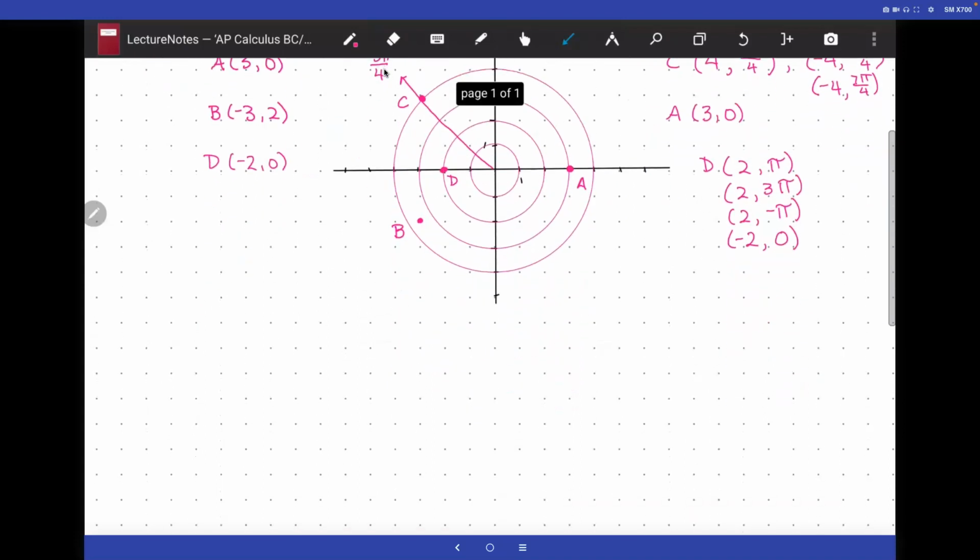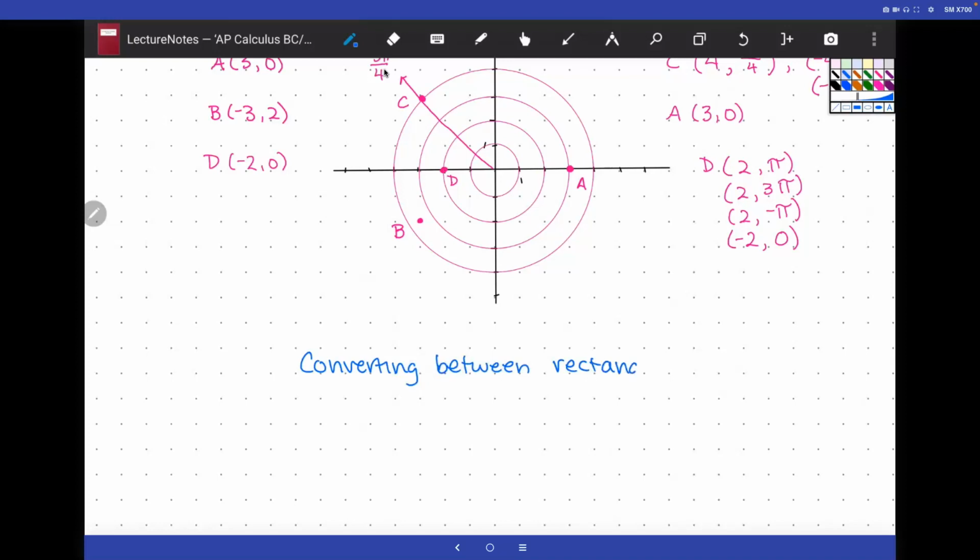So we have some nice formulas. Converting between rectangular and polar. So first of all, we can use something we've seen before.